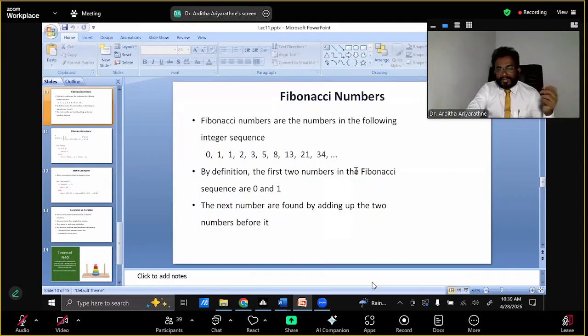Then another example, right? This one is called Fibonacci numbers. Fibonacci, right? First of all, I just want to give some idea what is this Fibonacci. Right.